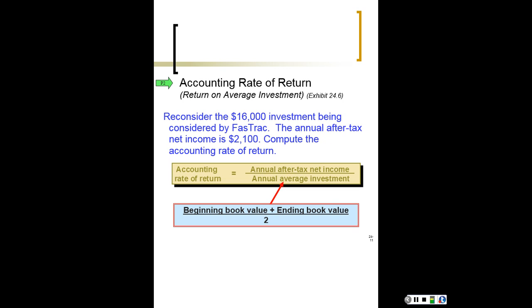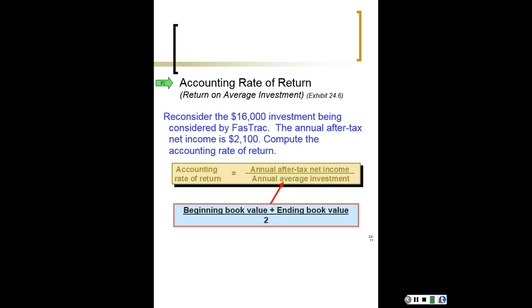So now that we have the formula down, let's return to our original example of Fast Track. So there's an investment of $16,000, and the annual after-tax net income is $2,100. So what I'd like you to do is compute the accounting rate of return. Okay, so start off with your formula again.